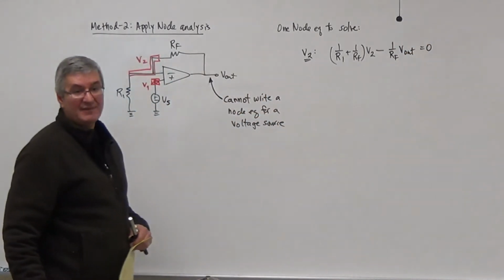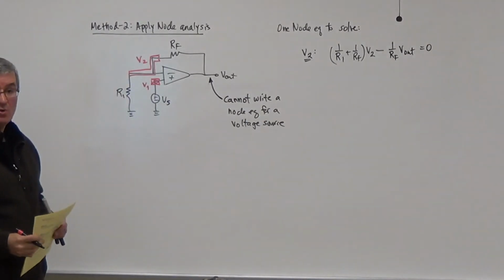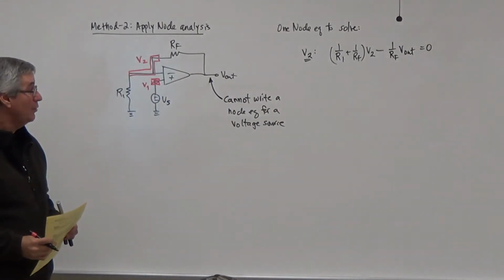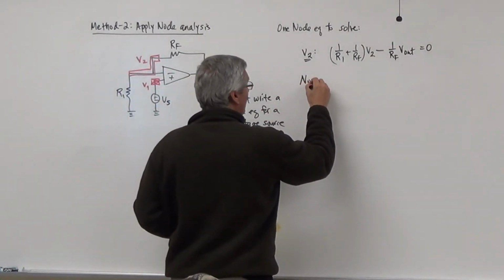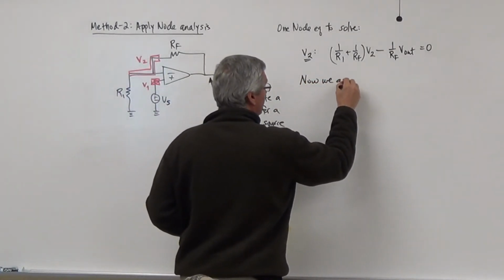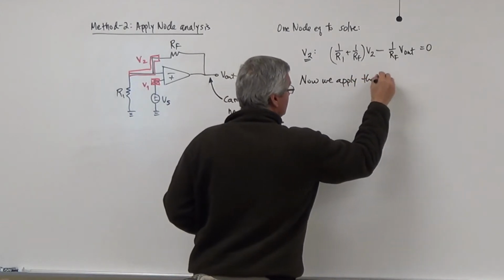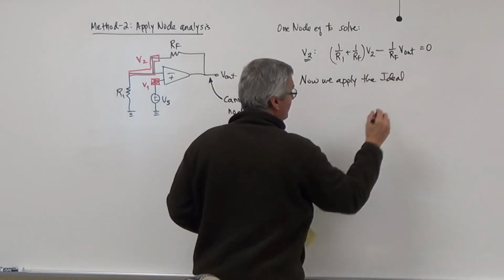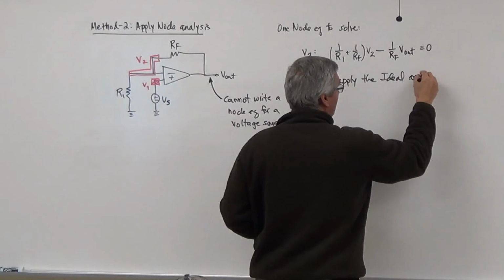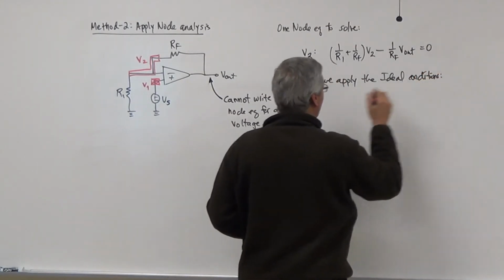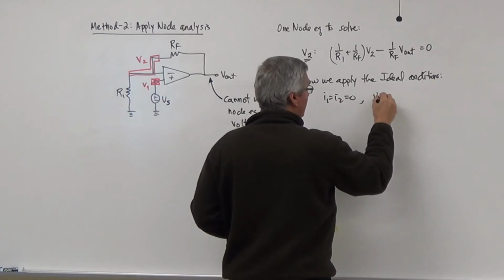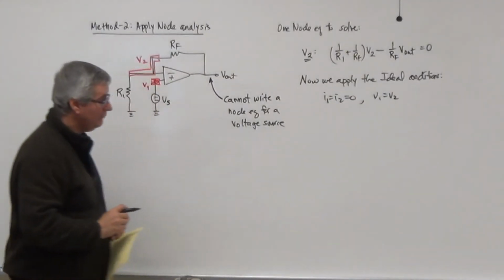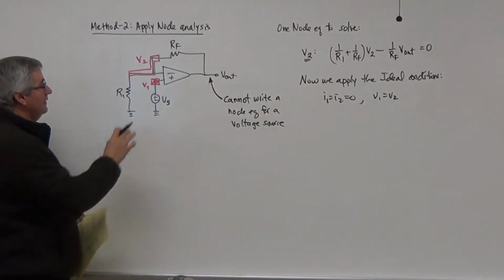Now that I have this node equation, what I do then is apply the ideal model or the ideal conditions. If I apply the ideal conditions, I have to look for this and this. Once again, I look at the currents.